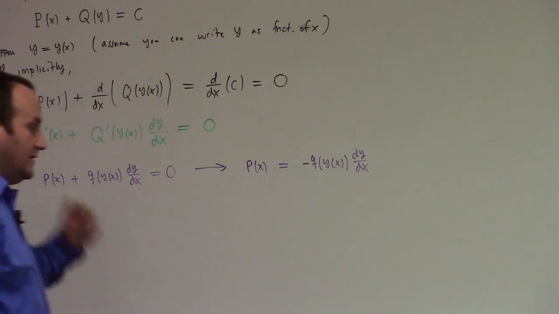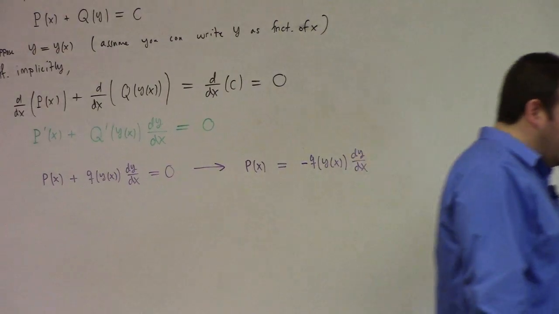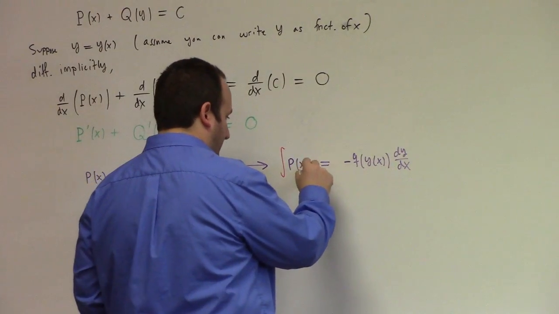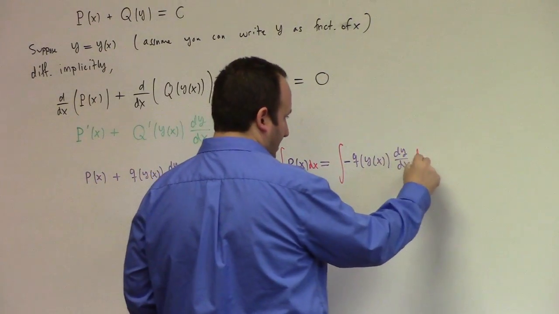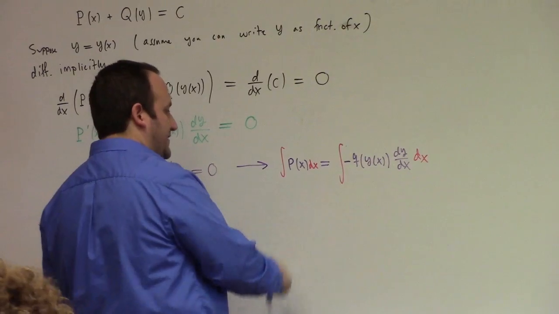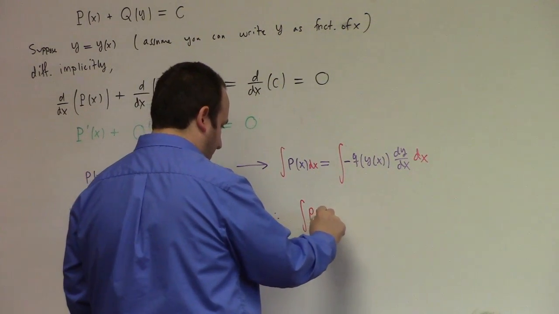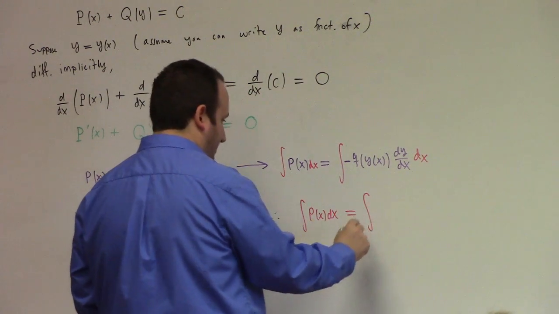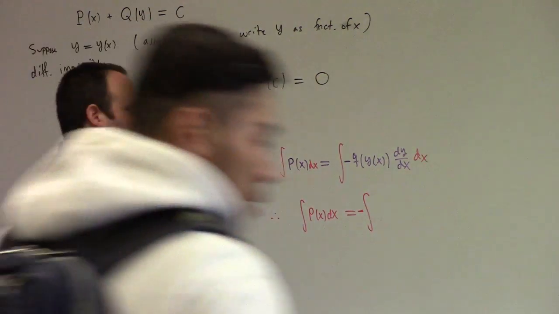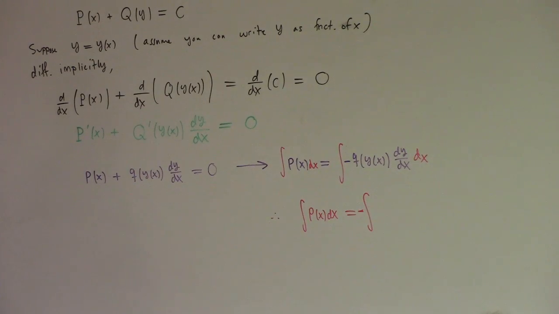We could compare the indefinite integral of p to the indefinite integral of q of y of x dy/dx, and what would that give you? I mean, the left-hand side is what it is. But the right-hand side, we could look at that in terms of a what substitution?